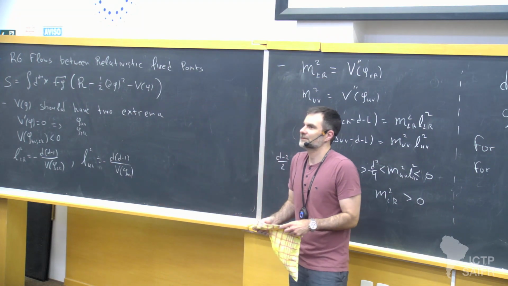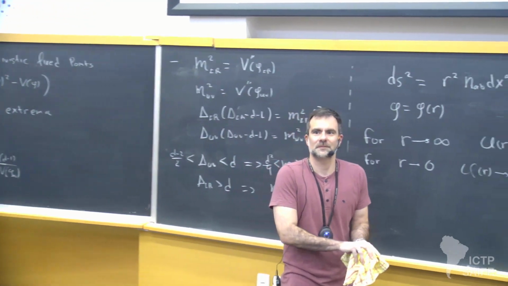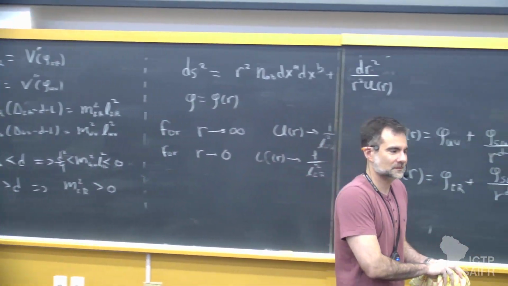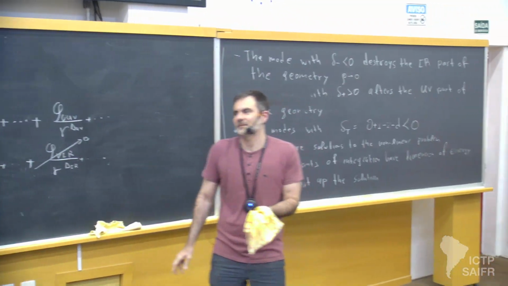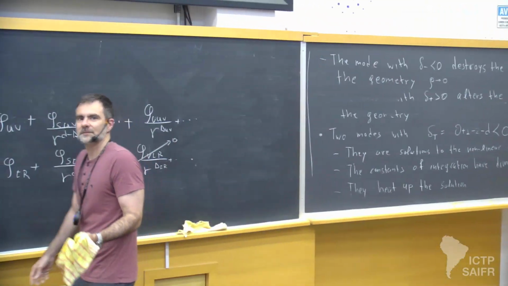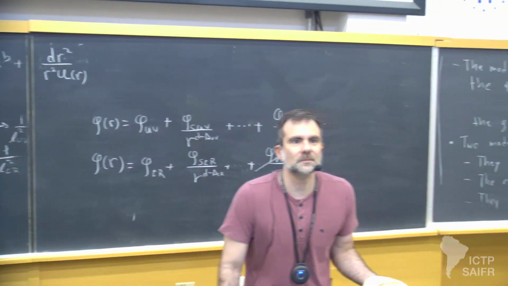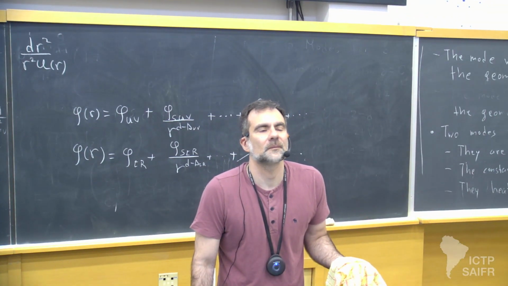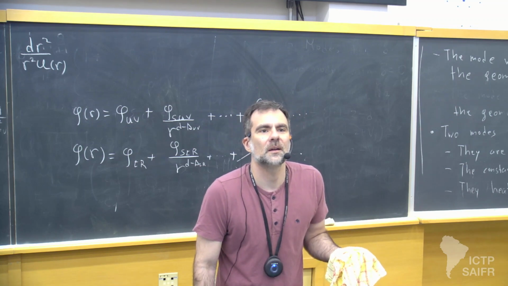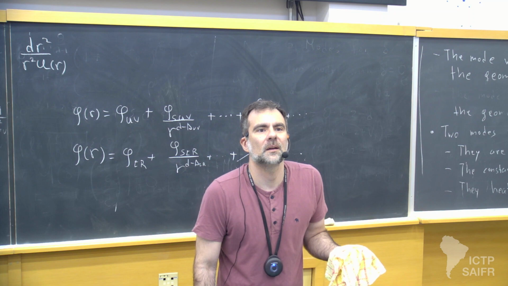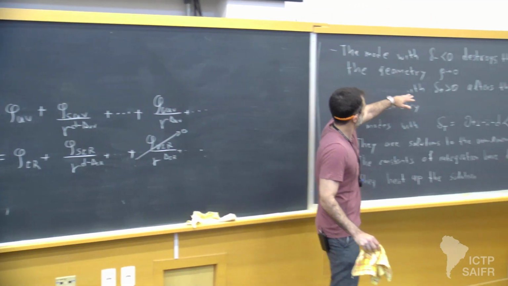More questions? I got confused with the names of the modes because I don't know if I remember, but you call the second mode the one that is erased. This one?